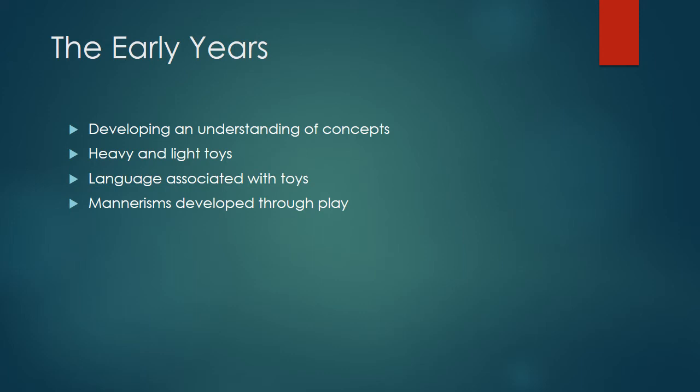If a child has a light fluffy toy, they soon learn whether they can throw it or not, as compared to the child attempting to pick up a heavy toy and being unable to move it, or move it a very small distance. It is here that a parent or guardian will often expose children to the language associated with the activity by claiming that the toy was light or heavy. This informal response teaches the child the language of heavy and light and allows them to start comparing objects.